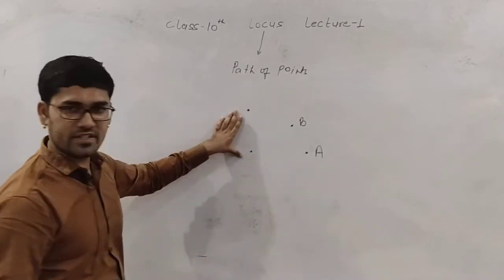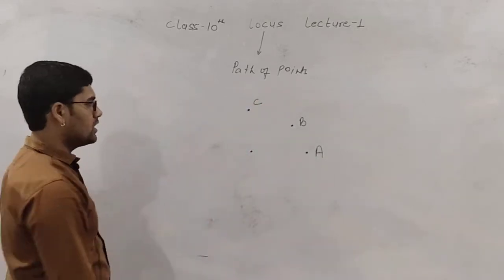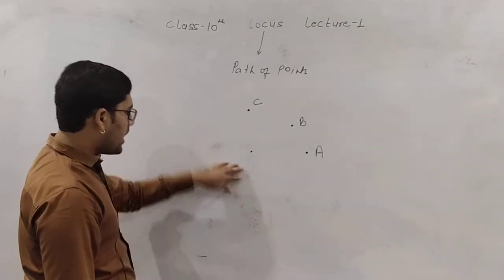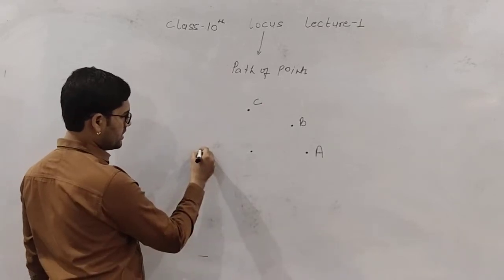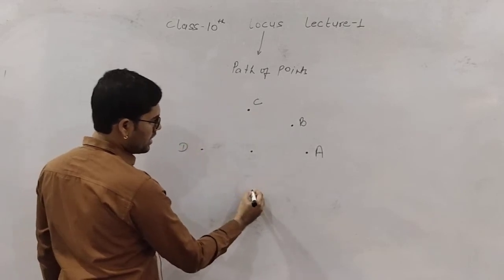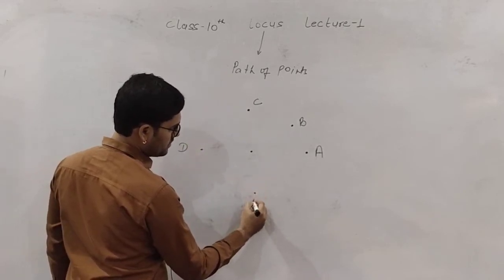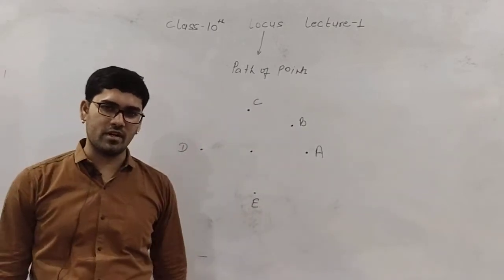This is point C. I can obtain another point here, also 3 centimeter, anywhere around this. But the distance is 3 centimeter.